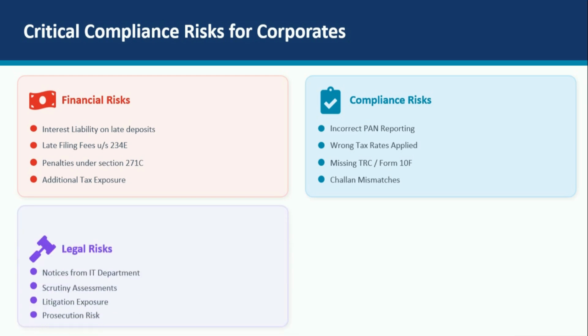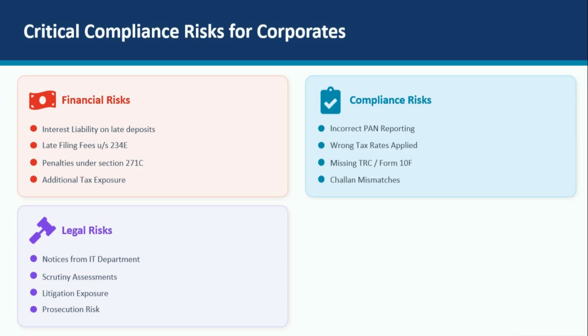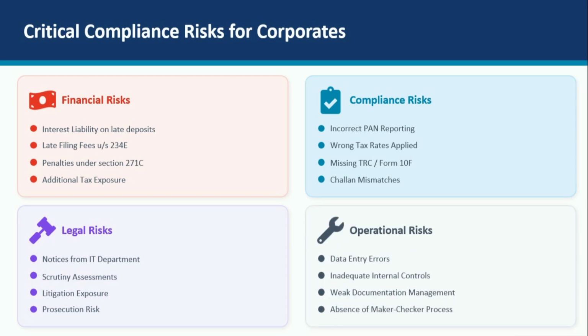Legal risks may result in income tax notices, scrutiny assessments, litigation, or even prosecution due to non-compliance. Lastly, operational risks include data entry errors, weak internal controls, poor documentation, and the absence of a maker-checker process, all of which increase the chances of compliance failures. Managing these risks proactively helps organizations ensure accurate compliance, avoid penalties, and maintain strong governance.